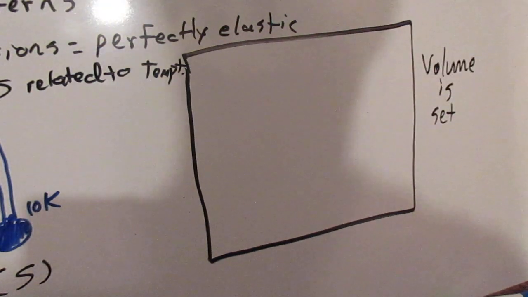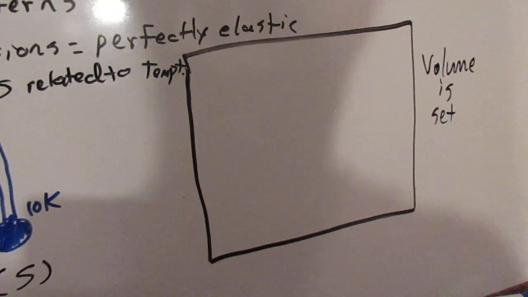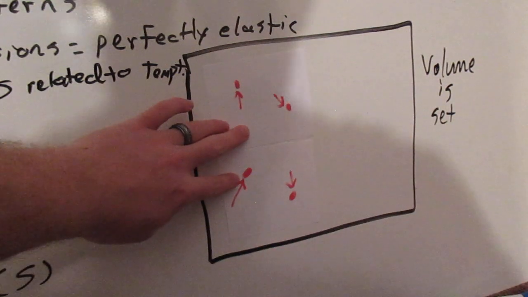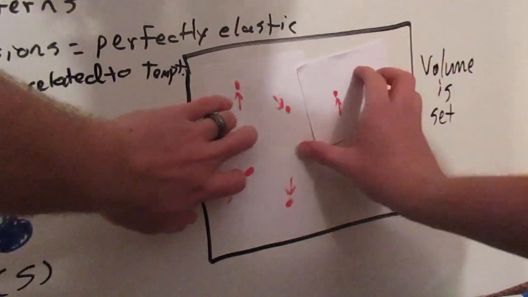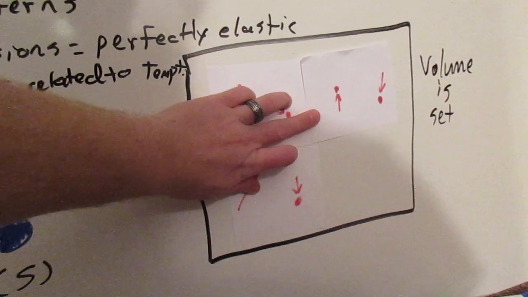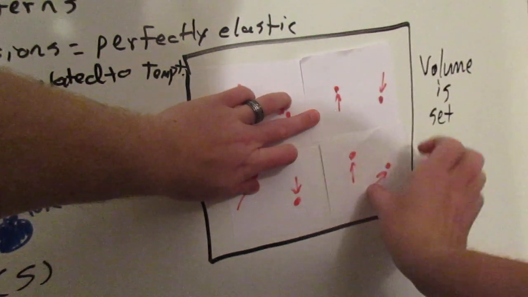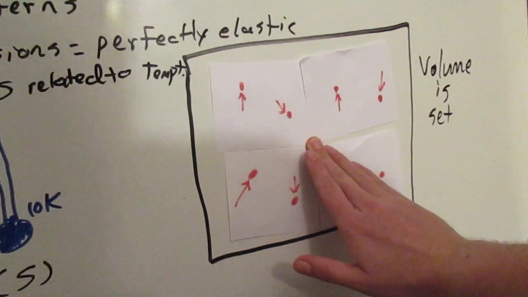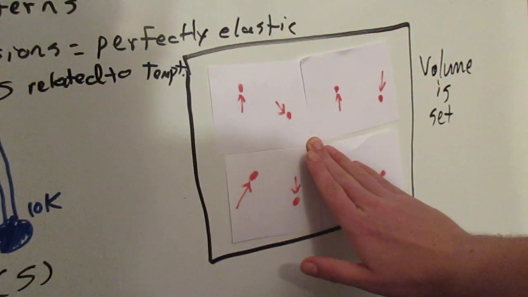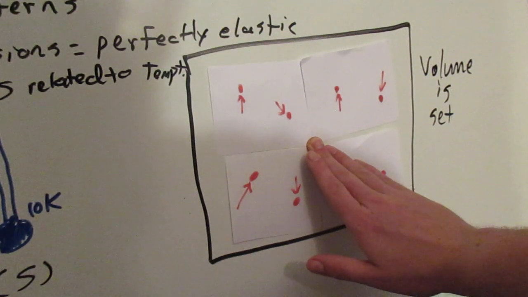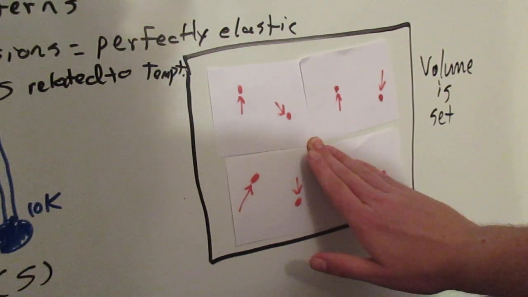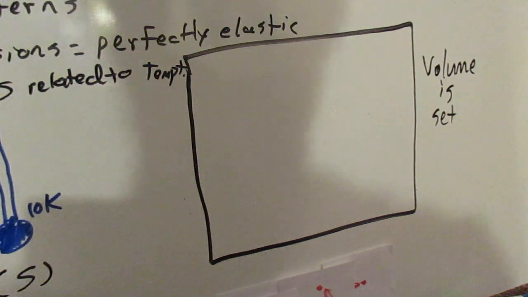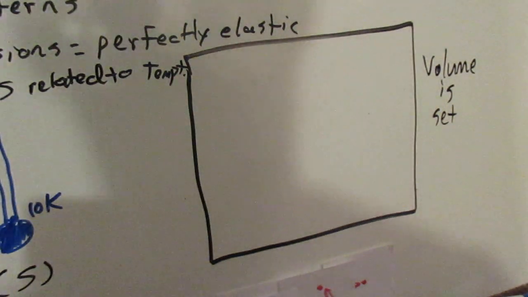When you have something like this, particles are going to be moving very quickly. Trying to show that here. But you guys can tell, particles are going to hit each other pretty good. And this idea of pressure really comes from these two ideas. Pressure comes from either a lot of collisions happening at the same time.